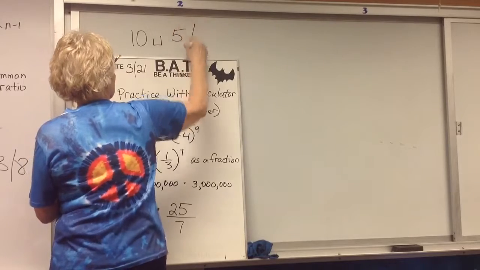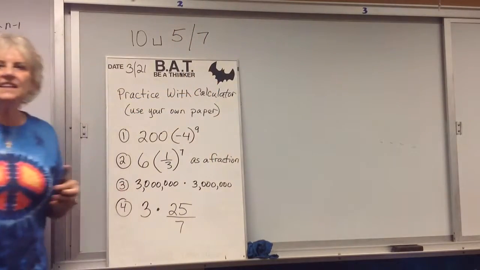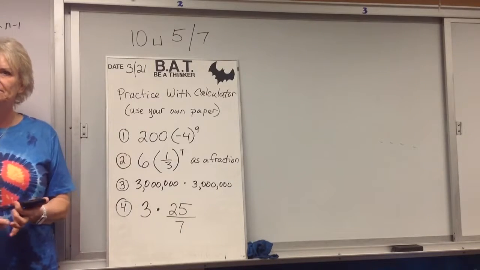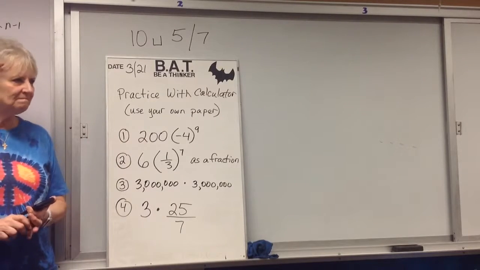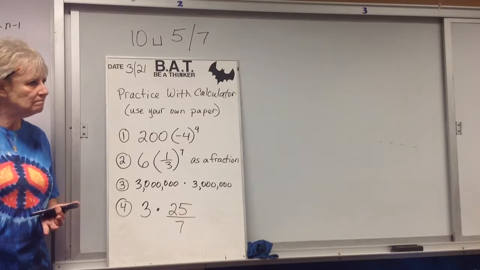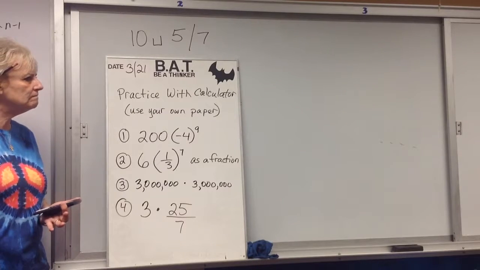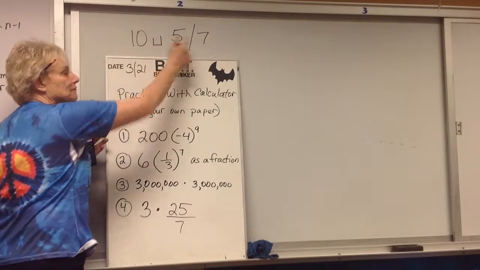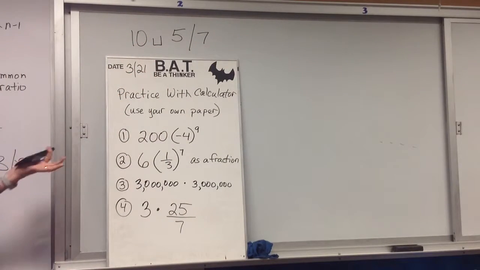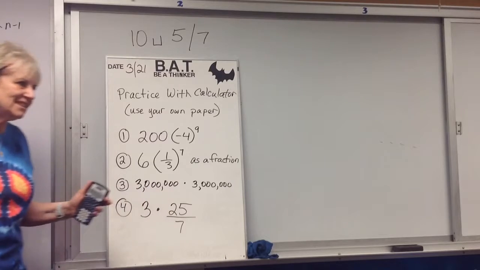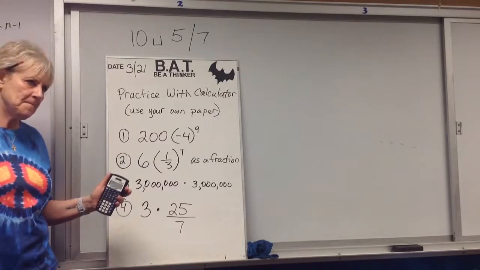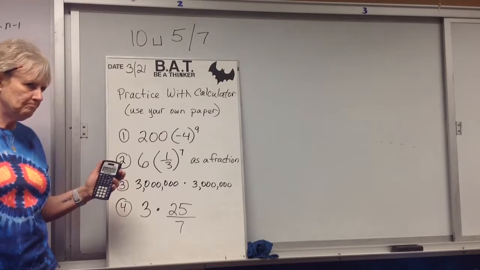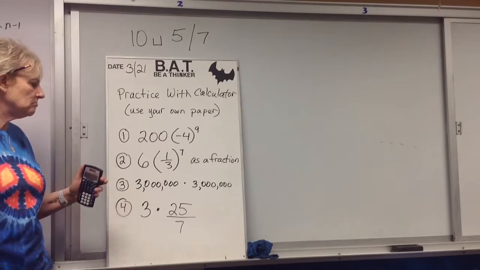That is a mixed number, 10 and 5/7. That's just the space between the whole number and the fraction. Otherwise, it'll look like 105/7. I did it a little differently when I plugged it in because mine has just a slash, so that's what I did when I plugged in the fraction.